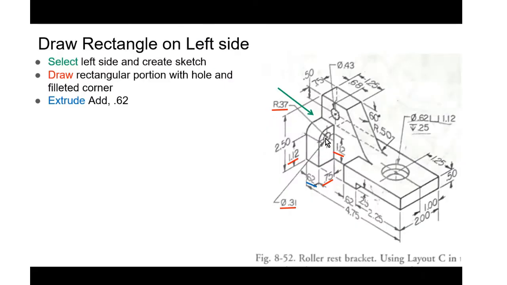So we saw that the circle was a radius of 0.37. It was 1.12 up from the very bottom edge. Oh, I'm sorry, the fillet was a radius of 0.37. The circle was 1.12 up from the bottom edge, and the diameter on that circle is 0.31.